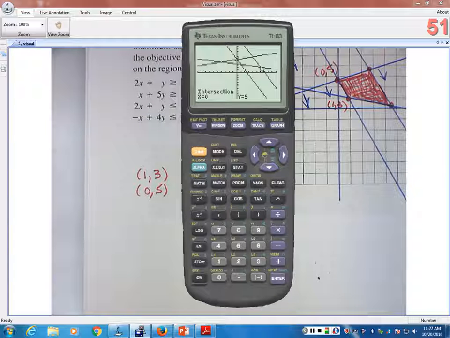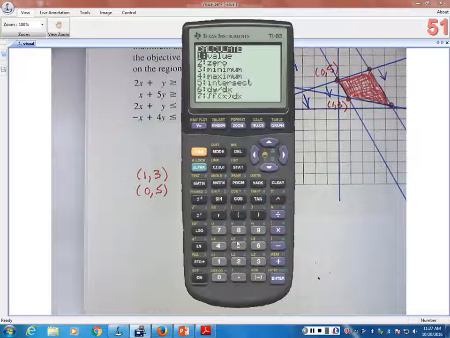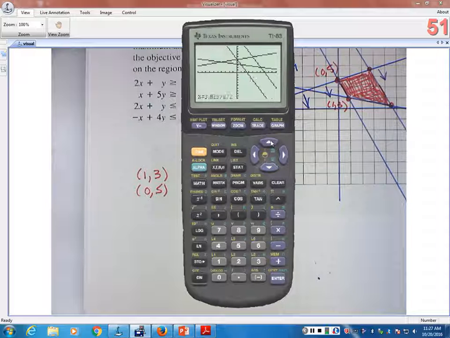And then I think I'm going to find this one out here. So second, trace, number 5. Okay, that's not the line I want. That's not the line I want. Okay, that's one of them.